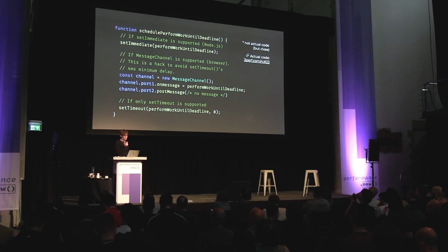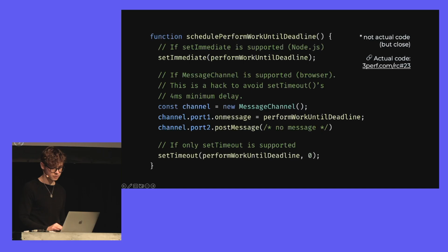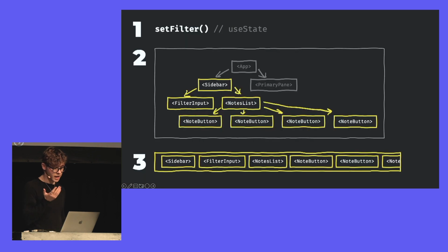And it basically works in the same way as setTimeout, except it doesn't have the clamping. It doesn't have the 4 millisecond minimal delay. By the way, this 4 millisecond minimum delay has been removed from Chrome recently, so it's not going to be useful in Chrome anymore. And yeah, that's how it's implemented.